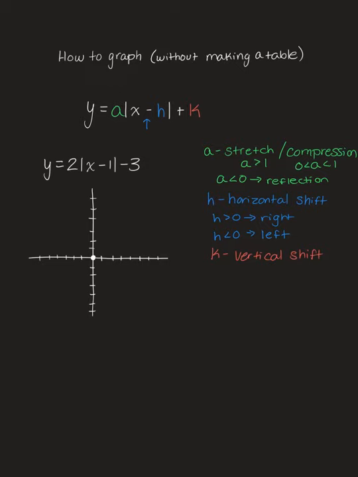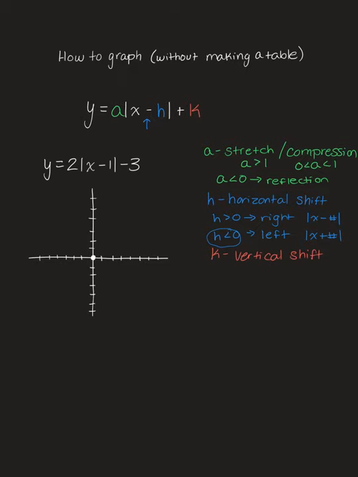Now, if it is to the right, you will have something like the absolute value of x minus a number. If it moves to the left, you'll have something like x plus a number. And the reason why is because that negative h value is that double negative. So minus a negative turns into a positive.